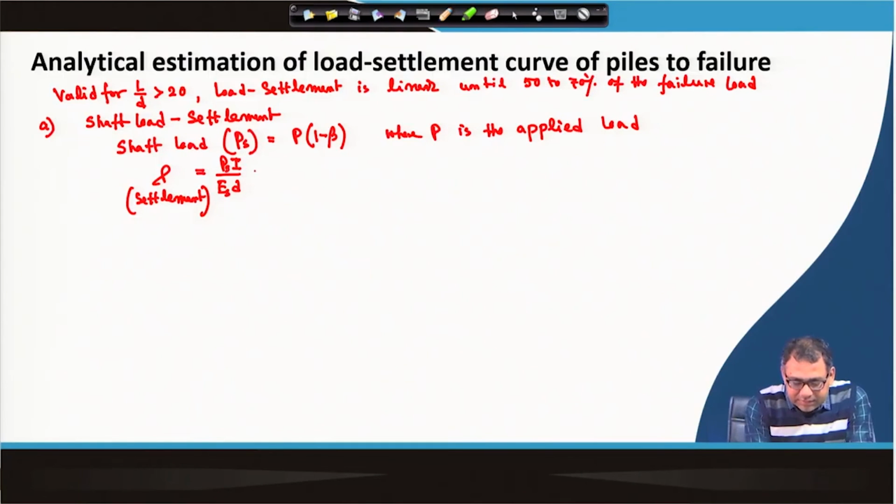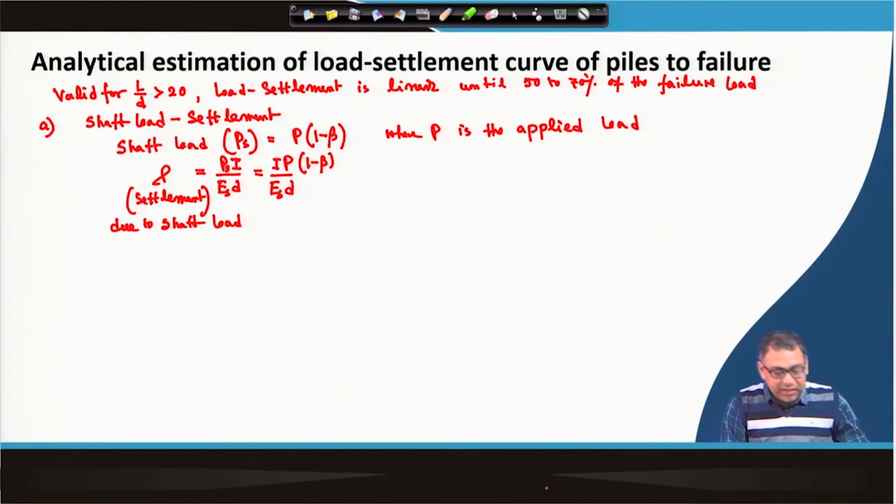So, that will be the settlement due to shaft load, P into 1 minus beta into I by Es d. Now, how we can calculate the I, that I have discussed: you have to calculate I0, and based on that you have to calculate the other factors, and then you have to multiply those factors depending upon your requirement, and you will finally get the I value.